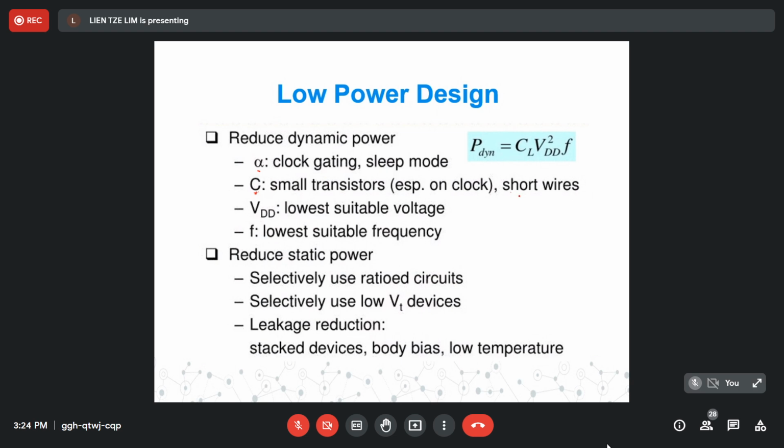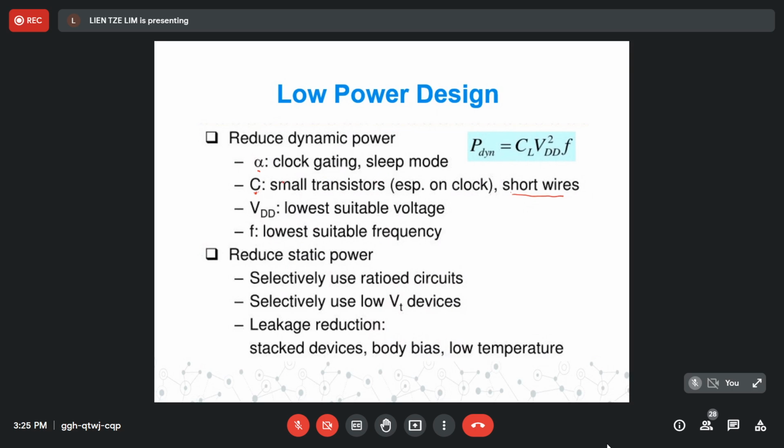The length of the wire used is also critical. When a longer wire is used, the power dissipation will also be high. So shorter wires are better. They ensure higher speed of signal transmission as well as lower power dissipation.